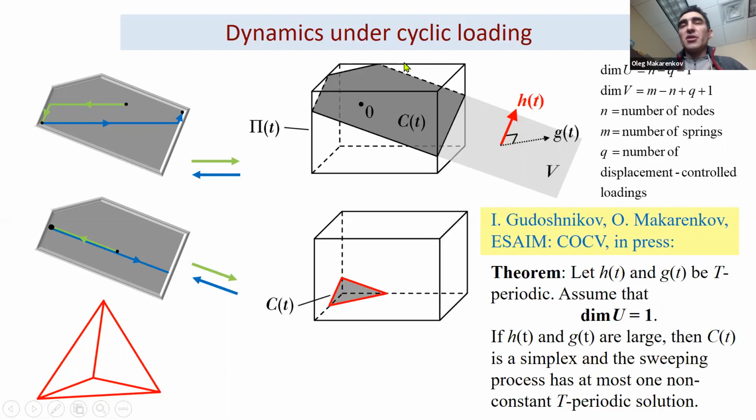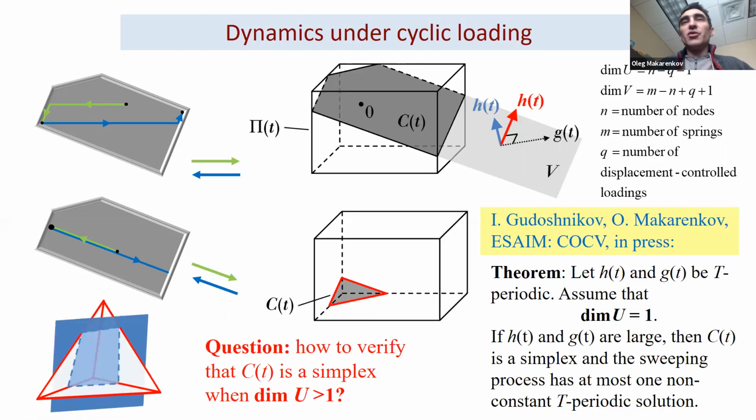But it's still our plan, and we still don't really know exactly how, to understand the conditions for this intersection to be a simplex in the case when the dimension of this hyperplane is smaller, not of codimension 1, but of higher codimension compared to the dimension of the space.